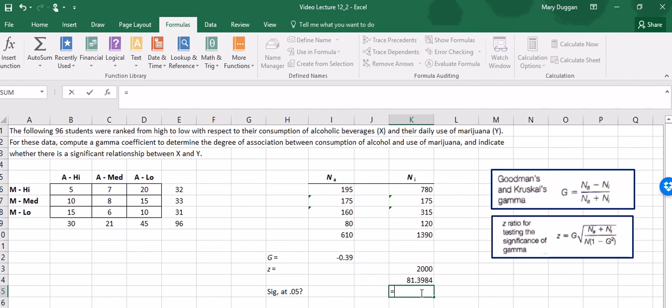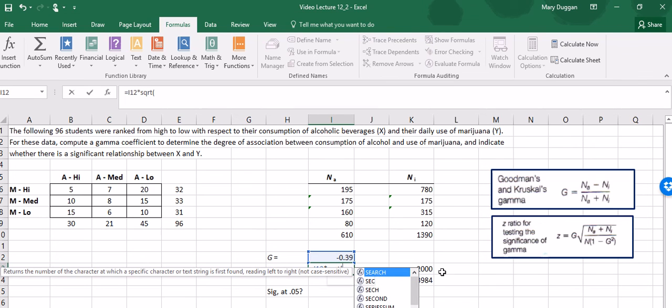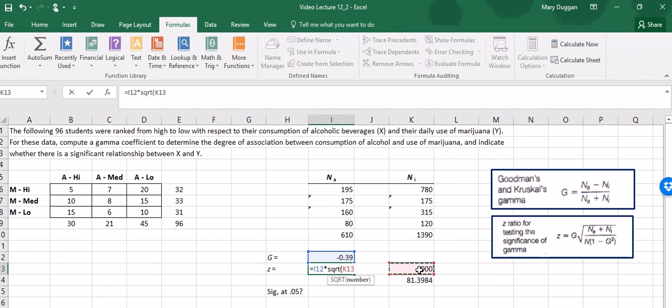So I'm going to put it over here where the z is: z equals gamma times the square root of our numerator over our denominator. Okay, and that gives us a z-score of negative 1.93.